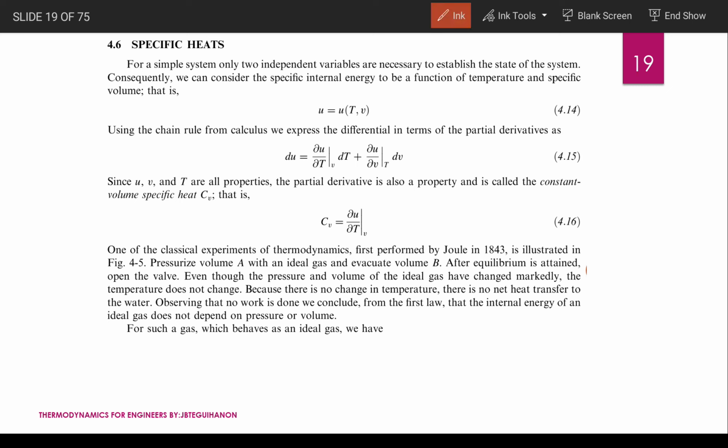For a simple given system, only two independent variables are necessary to establish the state of the system, right? So if you try to graph internal energy, you need at least temperature and specific volume to establish the value of U. If this is your temperature and this is your specific volume, you have a point here that defines your internal energy.